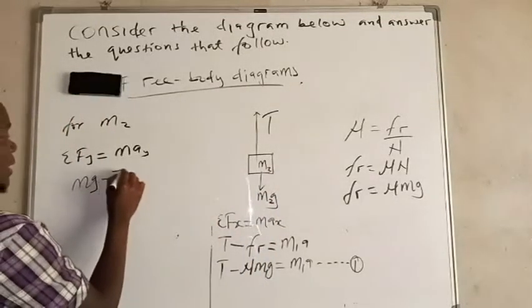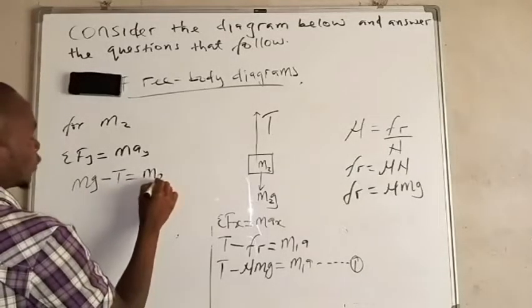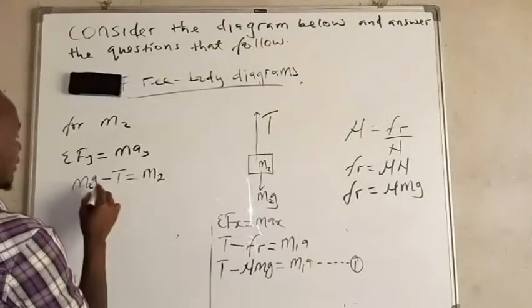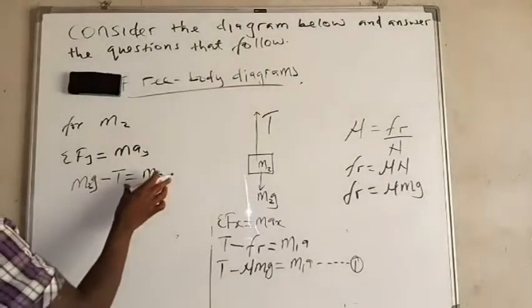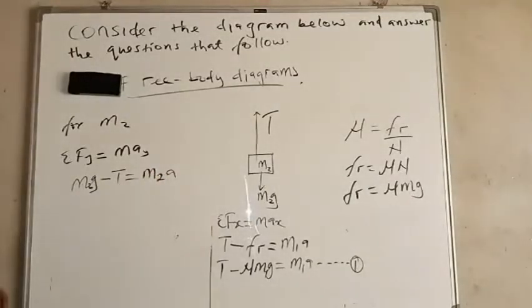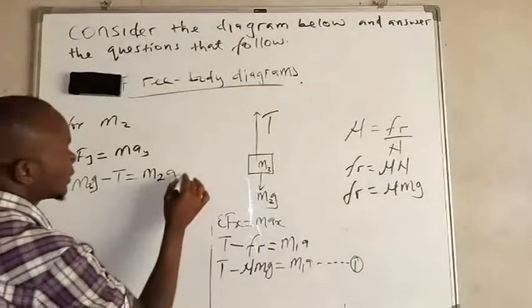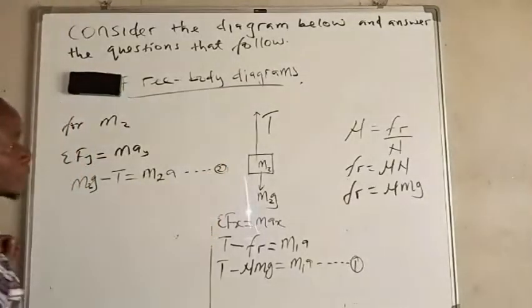This must give us m2 a. So m2 g minus t must give us m2 a. And this one, let us call it equation number 2.